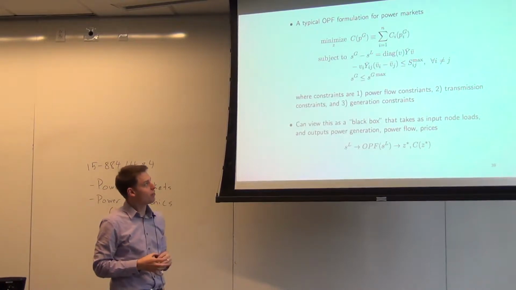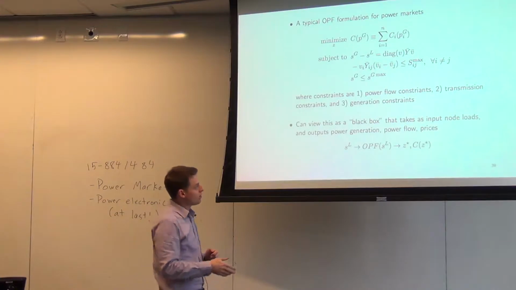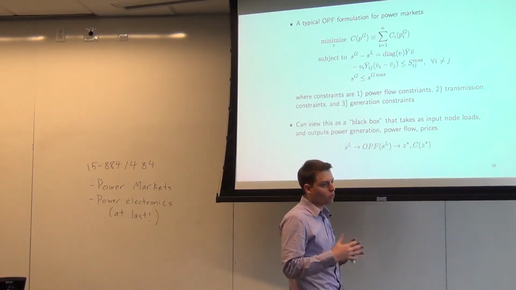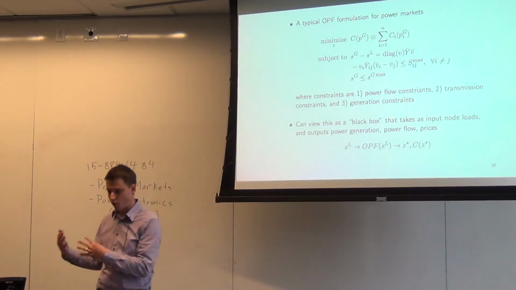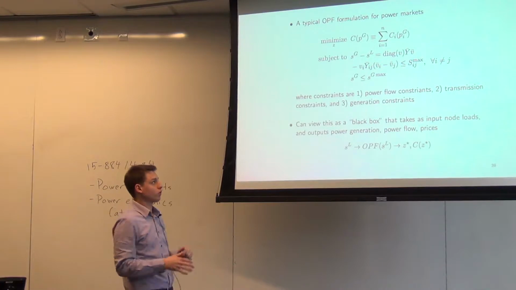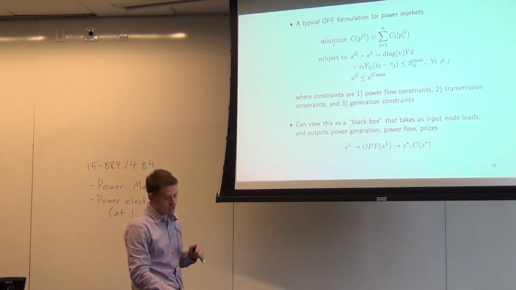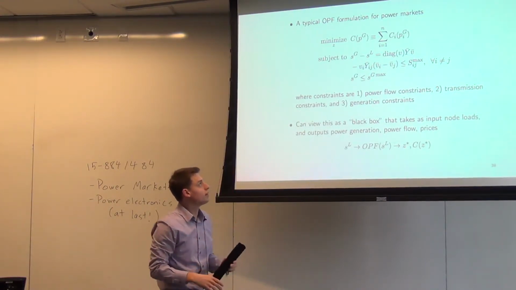There are probably a lot of other things you might want to constrain as well, but this gives a reasonable idea about the kinds of things that you might want to constrain or optimize in an optimal power flow problem if you are a market maker or an ISO. I'll go through each of these terms in the optimization problem one at a time.